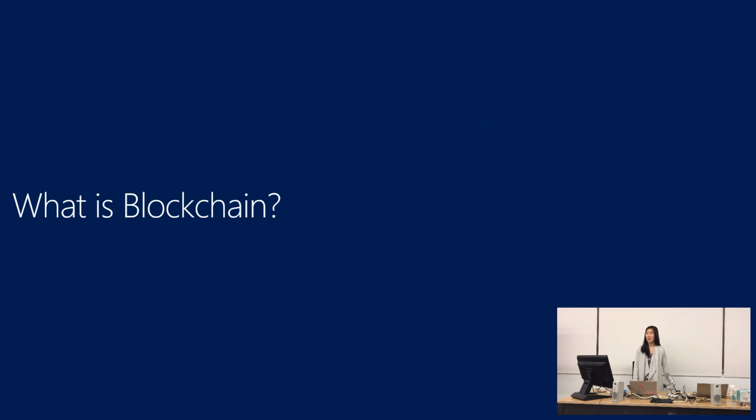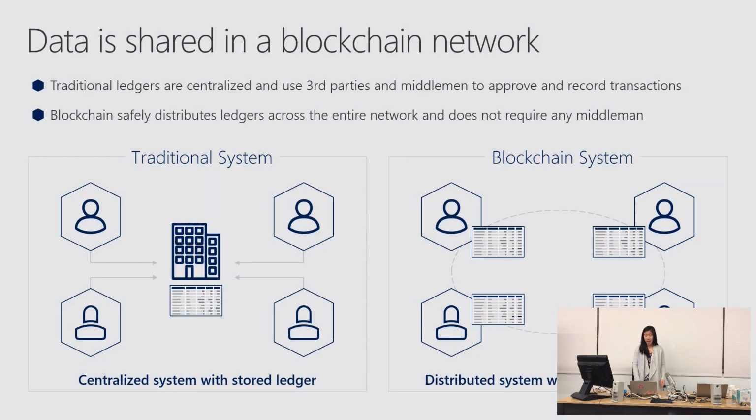You hear about it, there's all this hype around it. What is it, right? At the core, blockchain is a distributed ledger. When you think about a traditional ledger, you have a central party or authority controlling access to the ledger. Anytime someone wants to update the ledger, they work with this central authority, basically saying, I want to write this update.